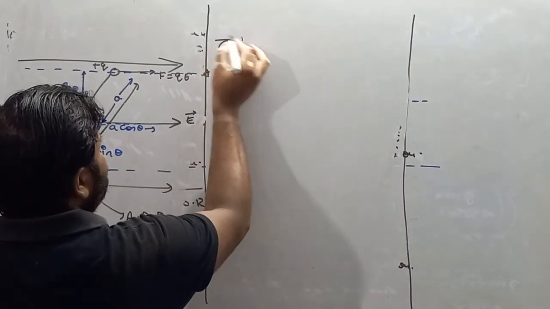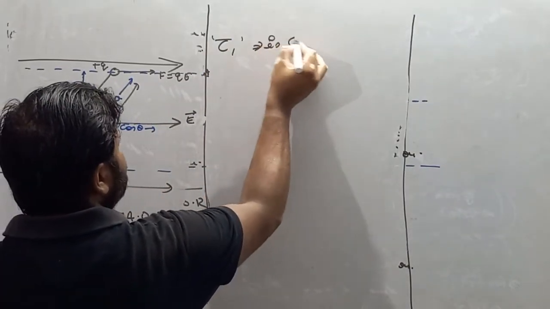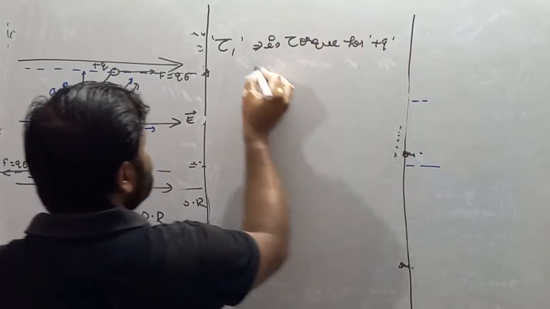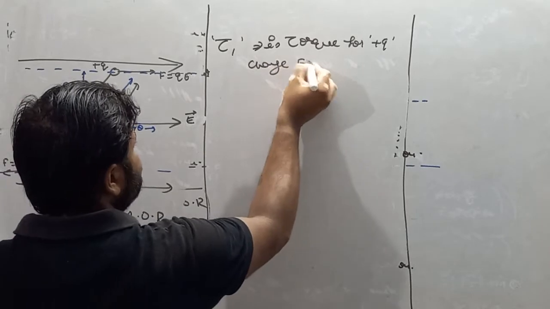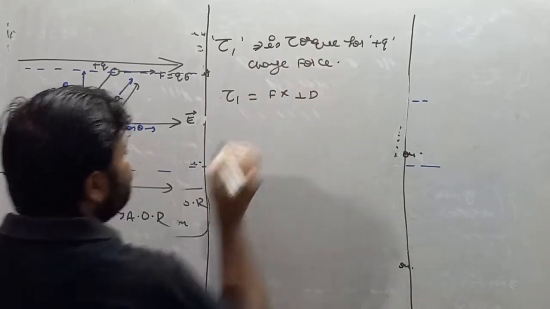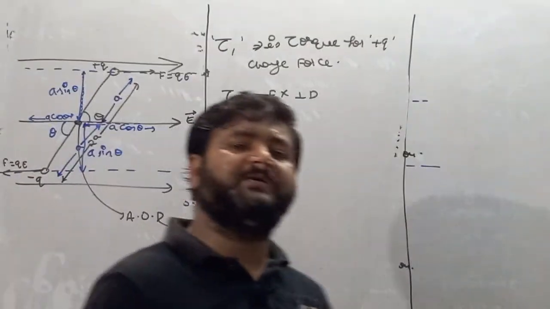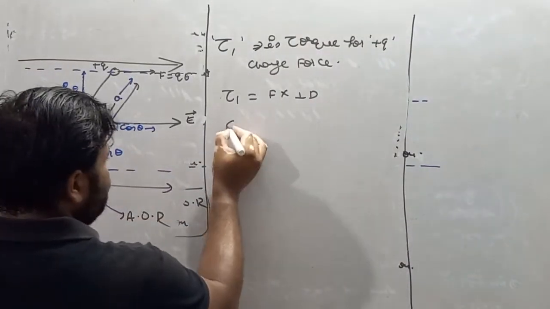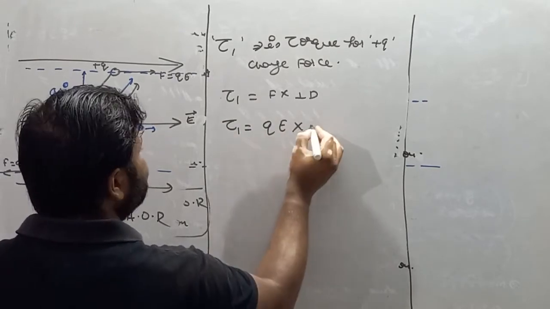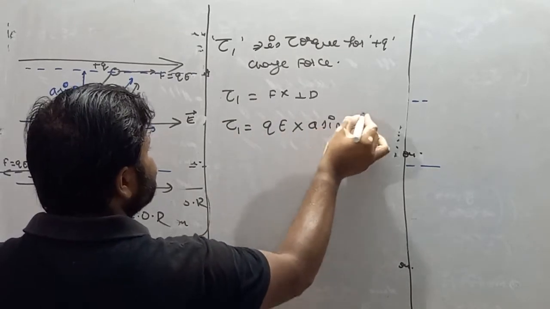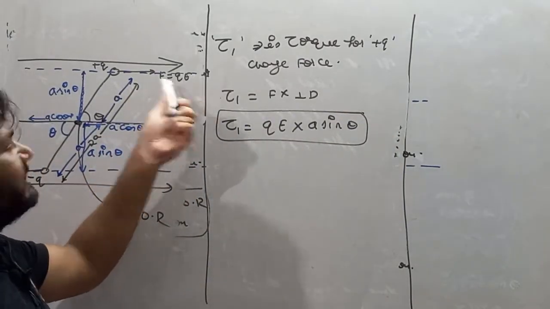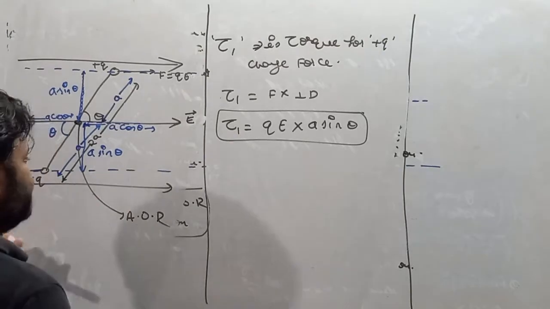So tau 1 is the torque for the plus q charge force. Tau 1 equals force into perpendicular distance from the axis of rotation to the line of action. So tau 1 equals qE, the force, into a sin theta, the perpendicular distance. This is the value of tau 1 due to the force acting on the plus q charge.